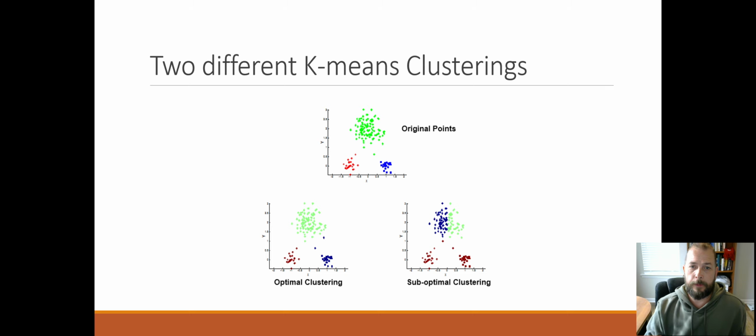If I have original data points here and there are obviously 3 clusters, but I separate this into 4 clusters, then I'm going to get a suboptimal clustering, where I've got this grouping here, which obviously should all be 1 grouping, not 2.